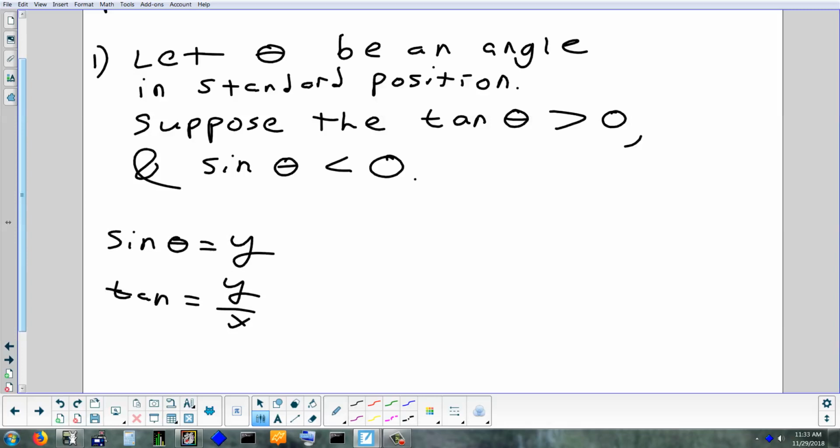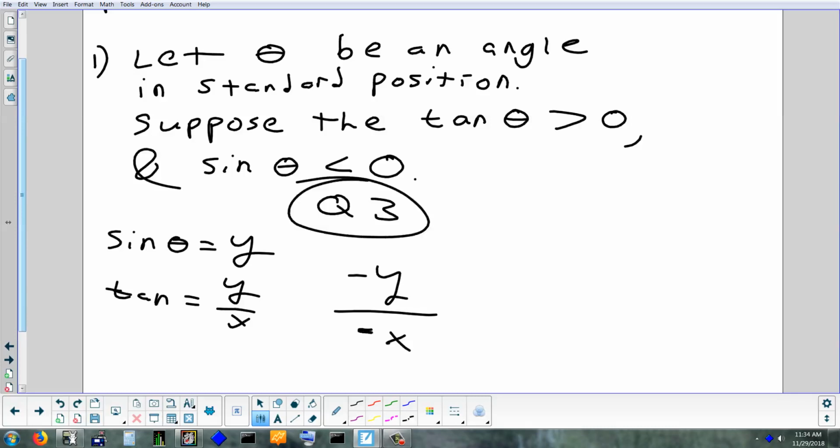Now, if the y value is negative and the tangent is y over x, then the x value has to also be negative in order for tangent to come out positive. Now think about where that would be. Negative, negative, quadrant 3. And that's your answer.